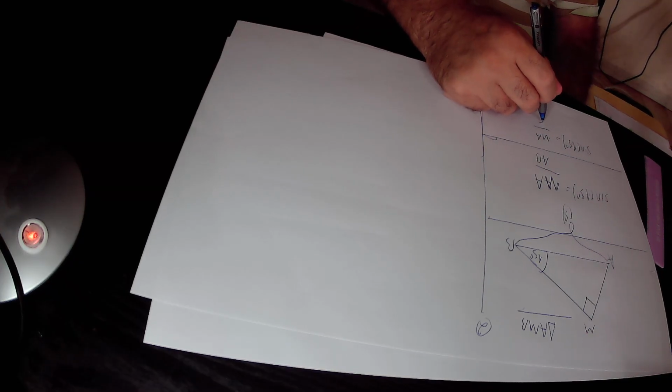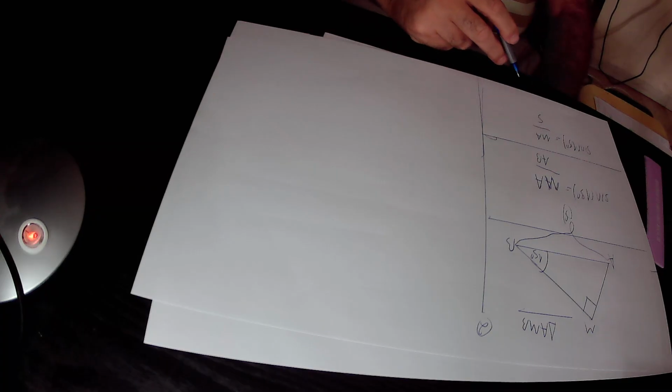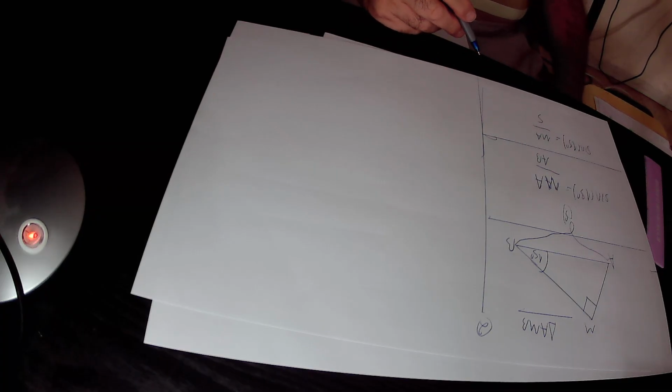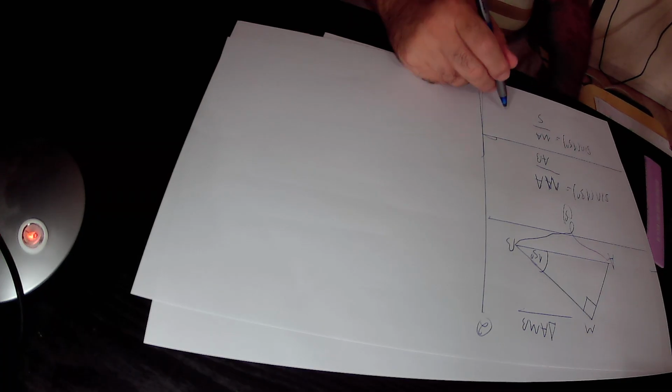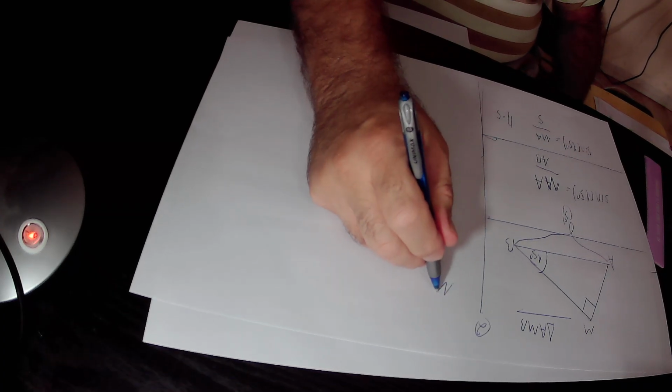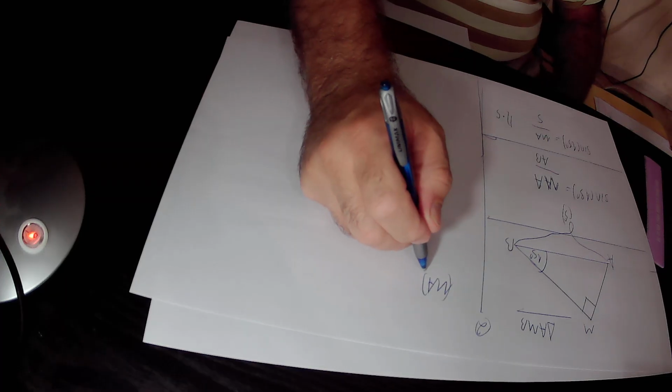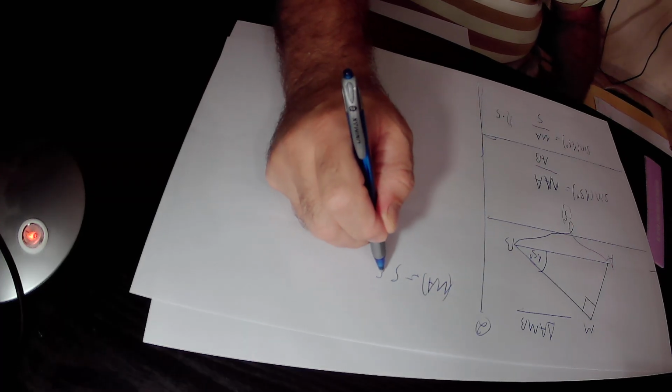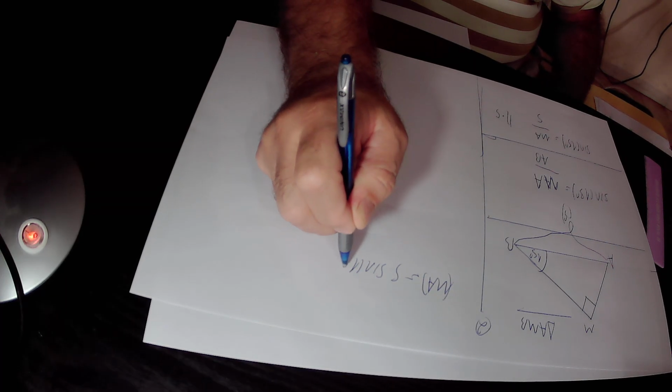AB is 5, so in total sine 15 degrees equals MA over 5. Here we will multiply this equation by 5 and finally get that MA is equal to 5 times sine 15 degrees.